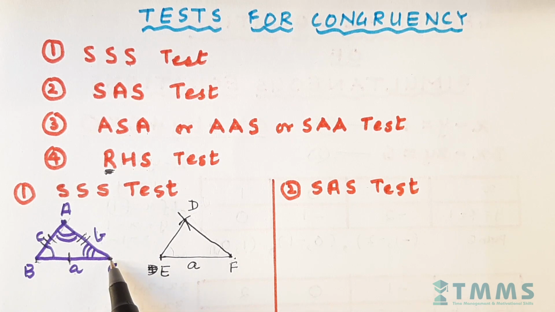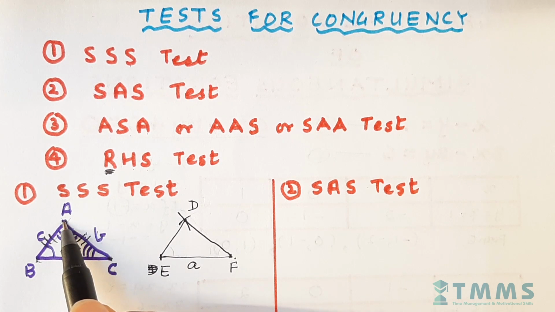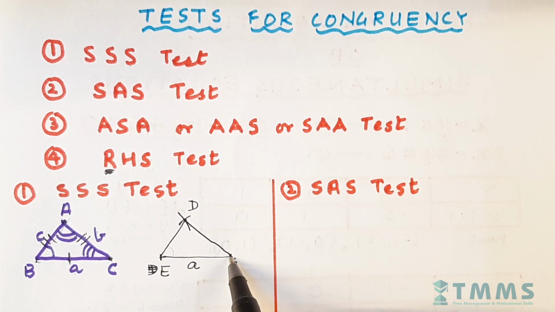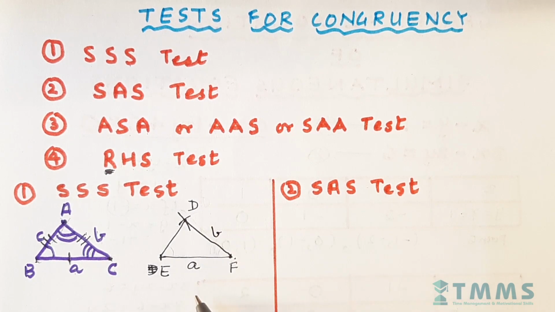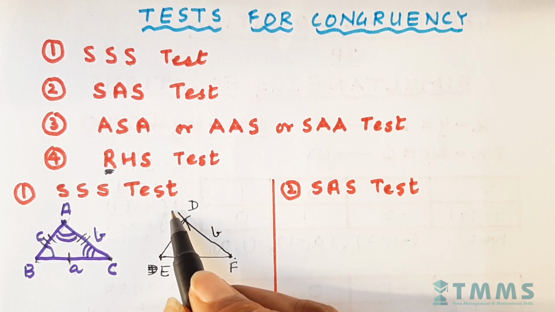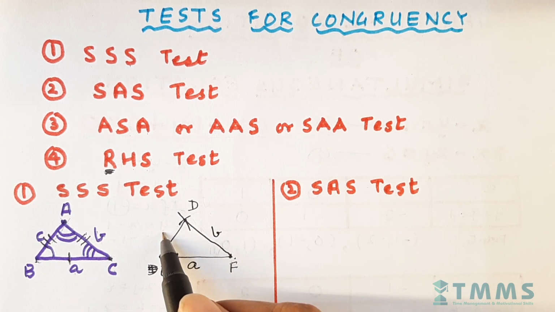So I'm going to take the radius equal to b centimeters, put the point of the compass over here and draw this arc. So this becomes my b centimeters. Then I'll take c as the radius, c centimeters, and that is the measure of AB. I'll put the point of the compass on E and draw the intersecting arc, and that will be my DE having the same measure as AB.